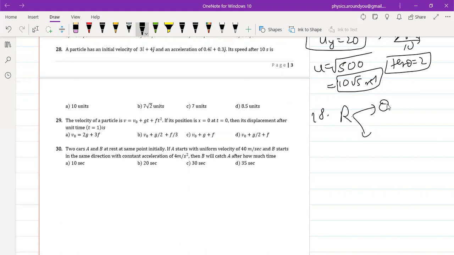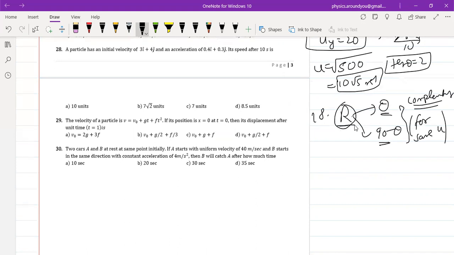If the angle of projection is theta, the other angle of projection should be 90 minus theta. Only when the angles add up to 90, or when they are complementary angles, I can have the same range. For what? For the same speed. For the same value of u, for two different angles of projection, I can have the same range r.